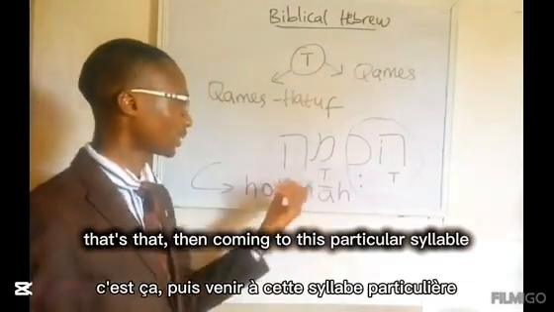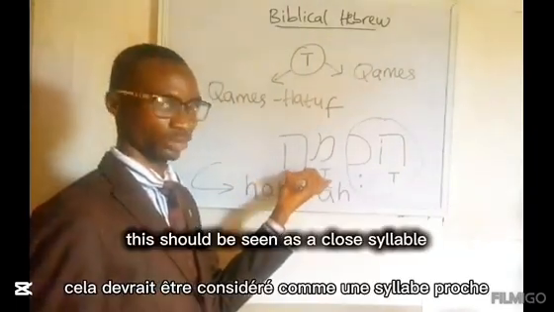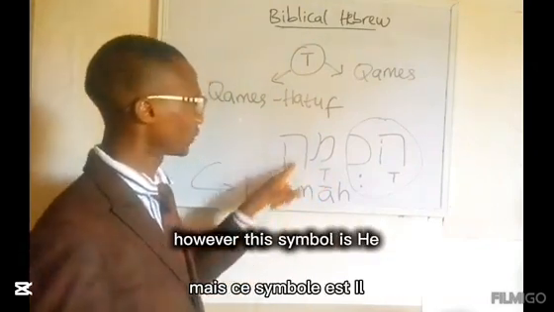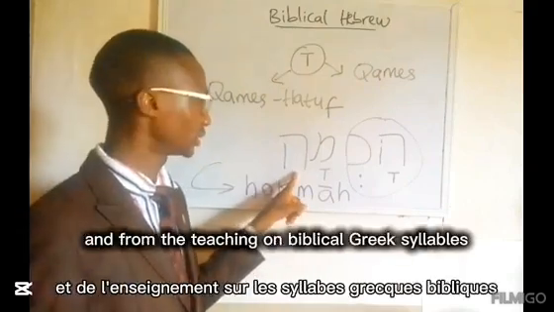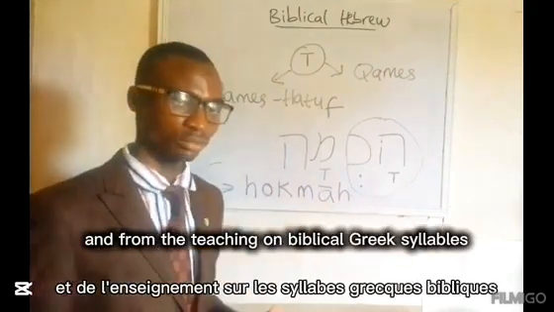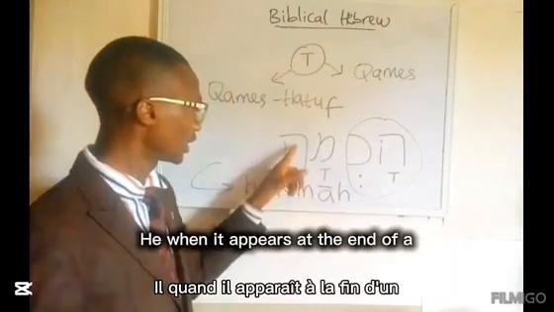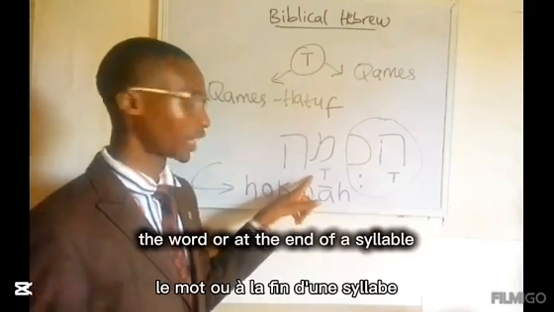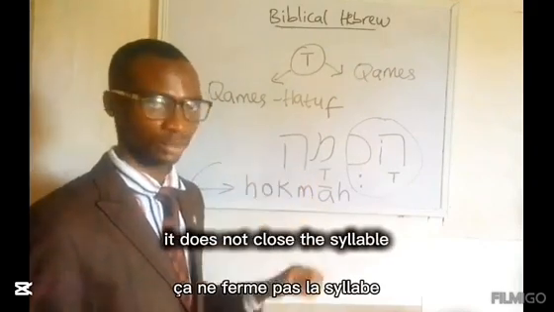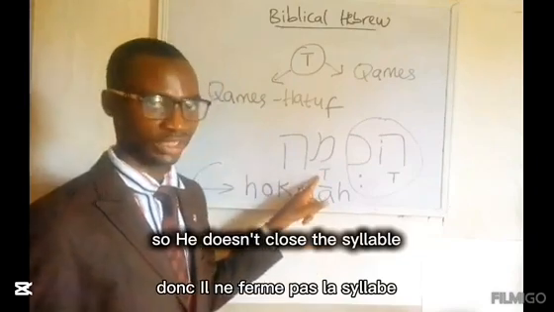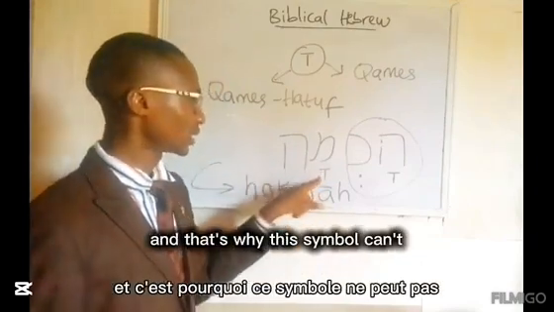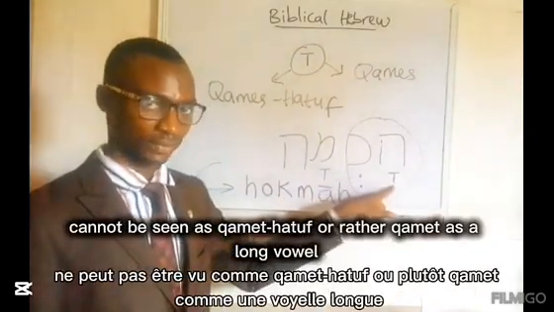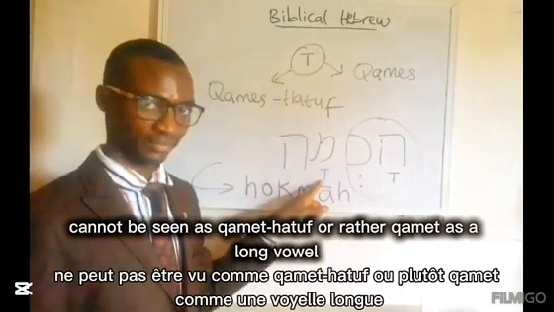Then onto this particular syllable, this should be seen as a closed syllable. However, this symbol is He, and from the teaching on biblical Hebrew syllables, He, when it appears at the end of a word or at the end of a syllable, does not close the syllable. So He doesn't close the syllable, and that's why this symbol cannot be seen as Qamet-hatuf, or rather Qamet as a non-vowel.